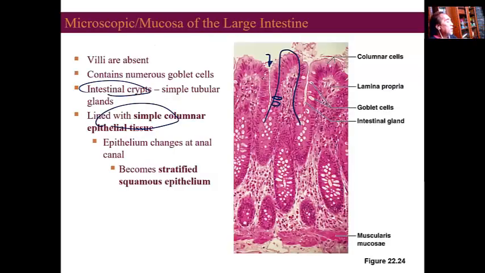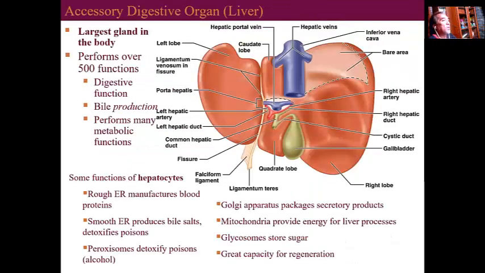Now, before we finish, let me cover a couple of accessory organs. The accessory organ we're looking at is the liver. Remember, the liver has a lot of functions in the hepatocytes, the cells in the liver. Their main function is to manufacture blood proteins and produce bile, and to detoxify poisons that pass in from the hepatic portal vein. They also detoxify alcohol.